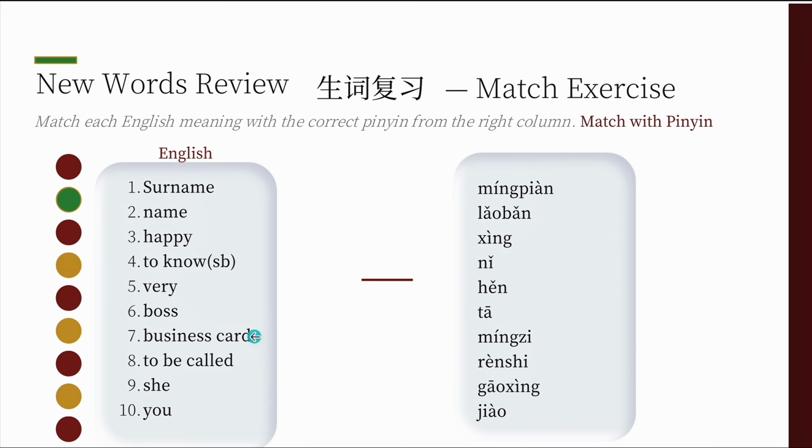Business card, 名片. To be called, 叫. 我叫 Emeka, 我叫 Fred, 我叫 Gilbert. And what is she? 她. And we have you, 你. I think we missed this very, which is 很. It is on the same line. How many did you get? Hope you got all of them.